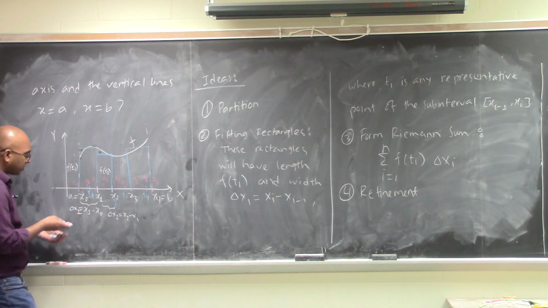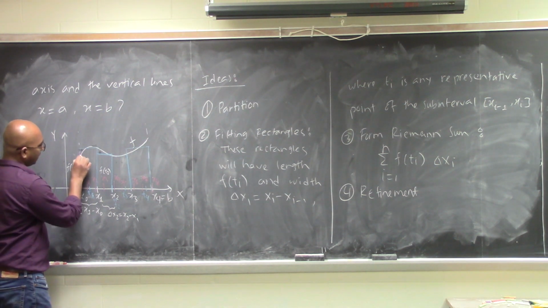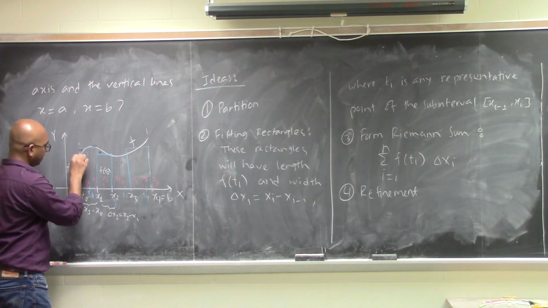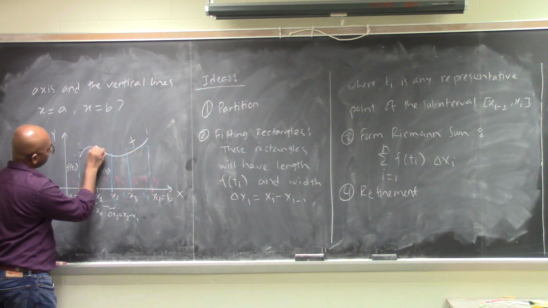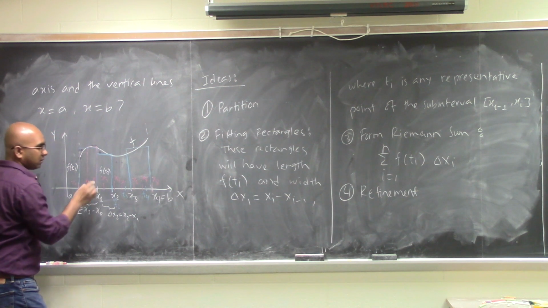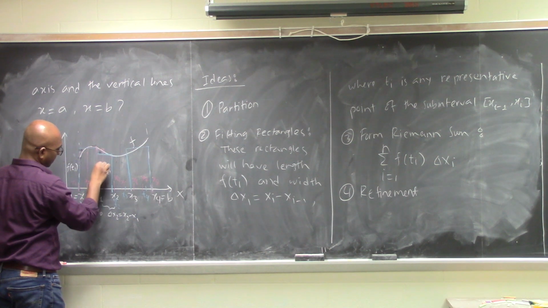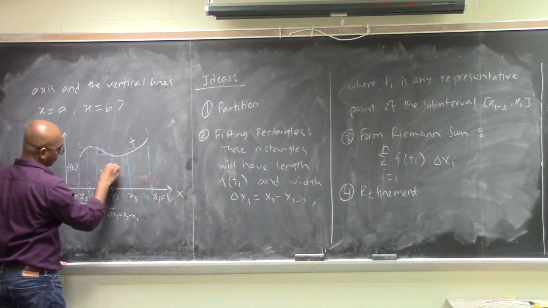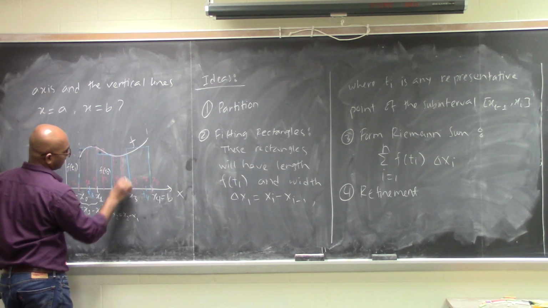And now if you choose representative points from each sub-interval, let's say this one, then the area here is going to be this. Oh god, this joke is killing me. Okay, and for this sub-interval, let's say you choose that, then the corresponding rectangle will have this area, and from here let's say you chose that, then you have this, and from here you choose this, from here let's say you choose that.